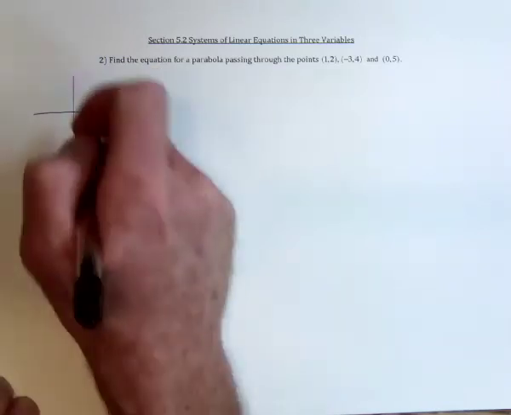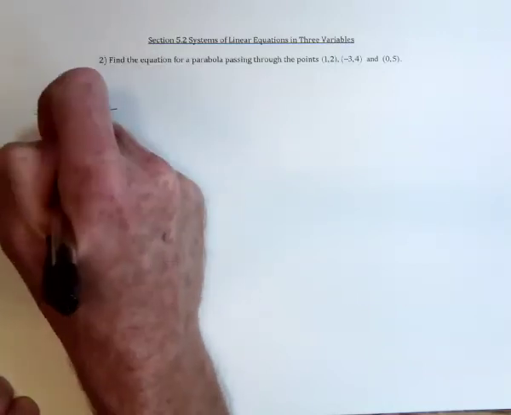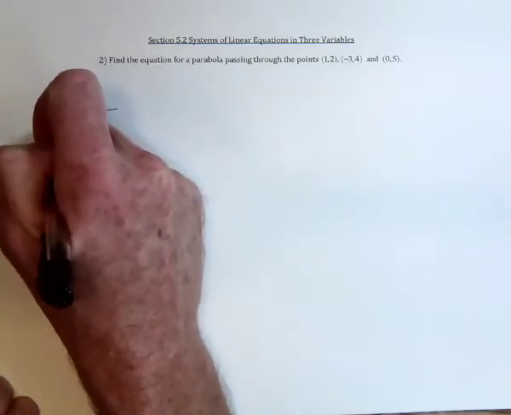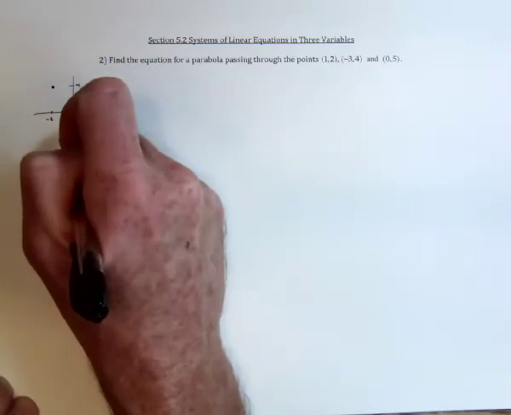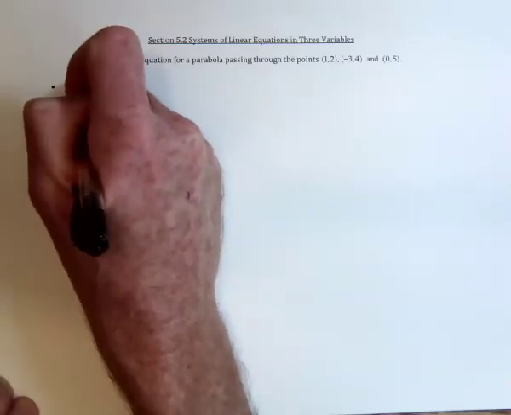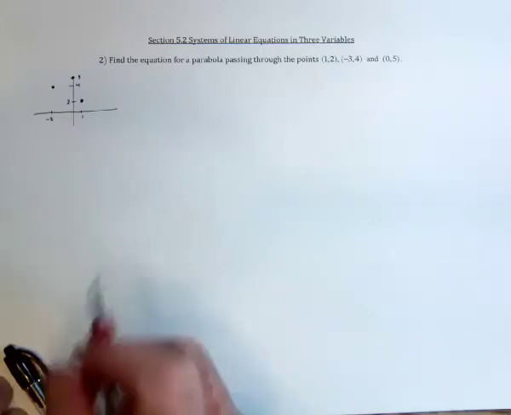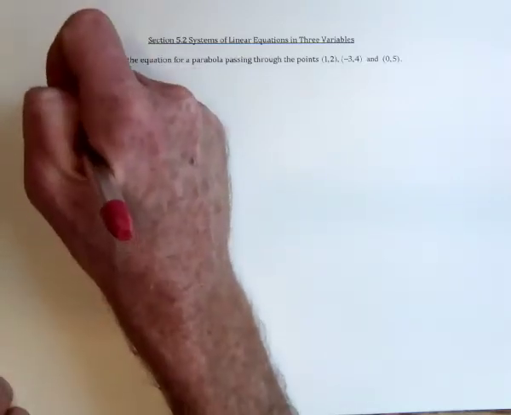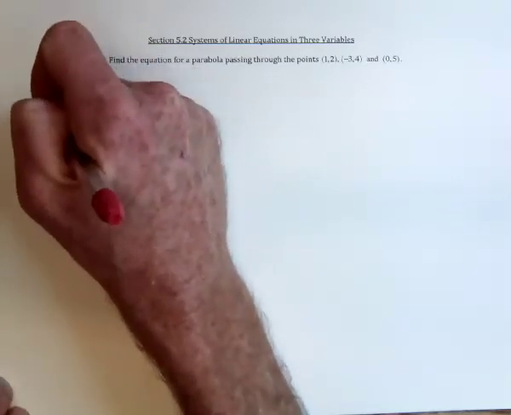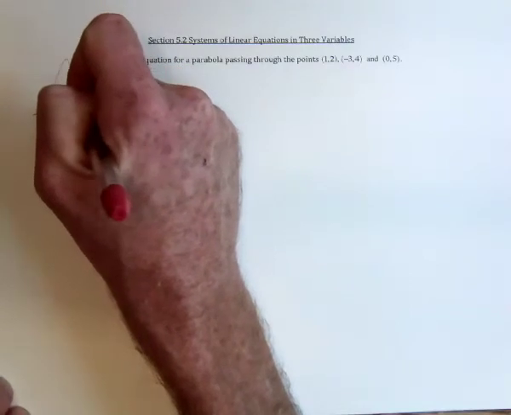With just 3 points, (1, 2), (-3, 4), and (0, 5), it's possible to find a parabola, and actually just one parabola, that will go through those 3 points. So based on how these look, I'm thinking that it looks something like this.